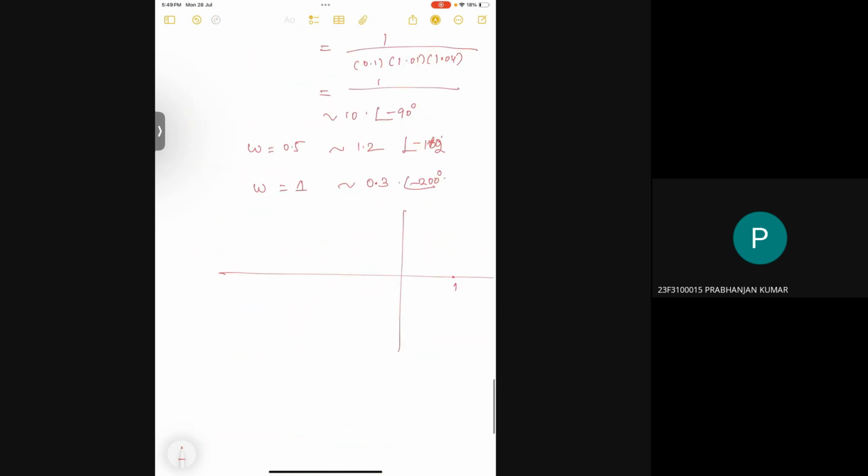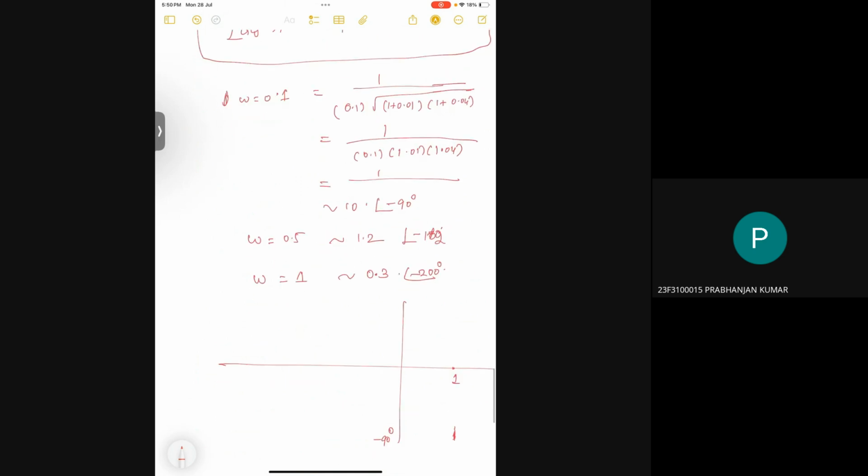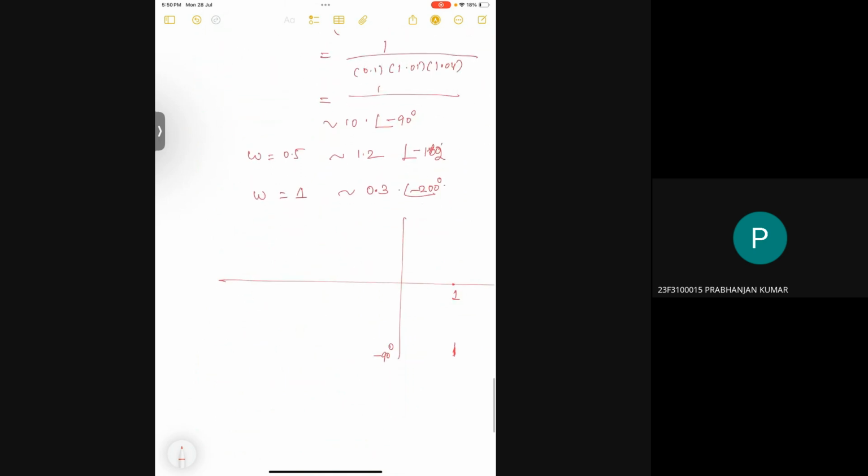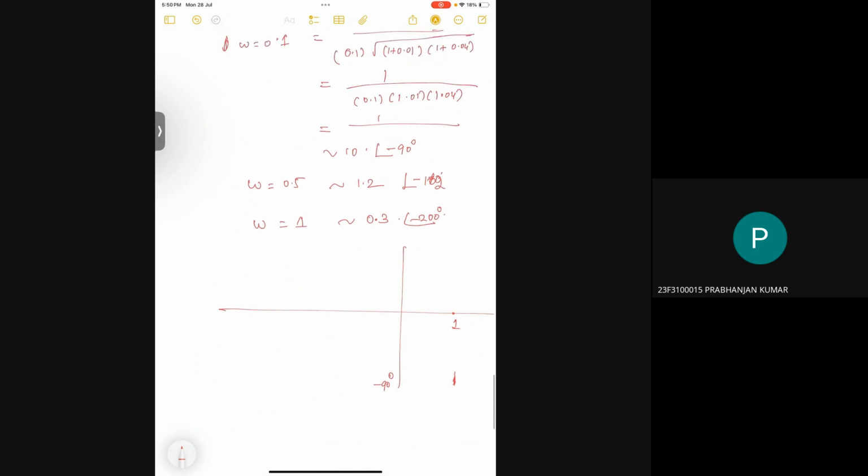It starts at 1 at minus 90 degrees. Around here it will stop. Then for 0.1, it is at 10 at minus 90 degrees.